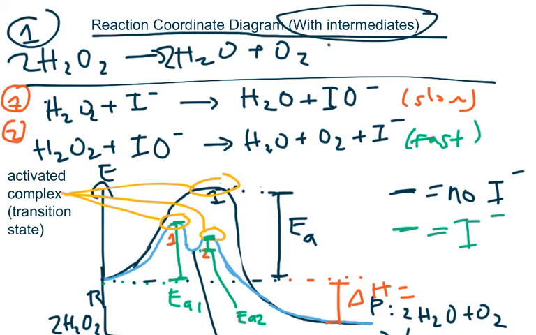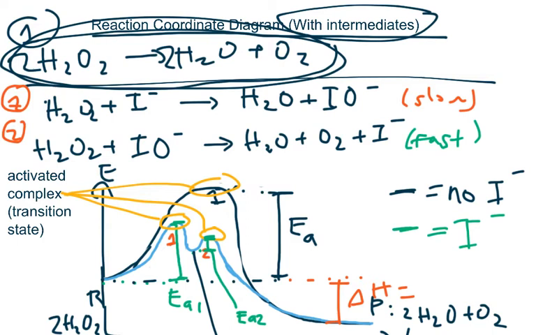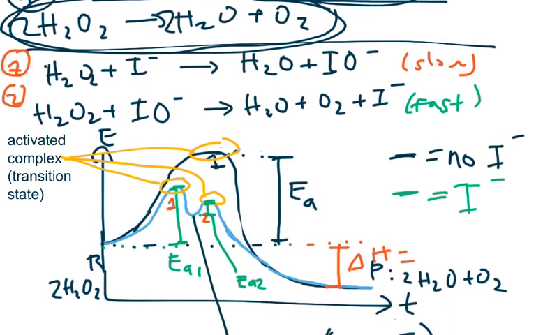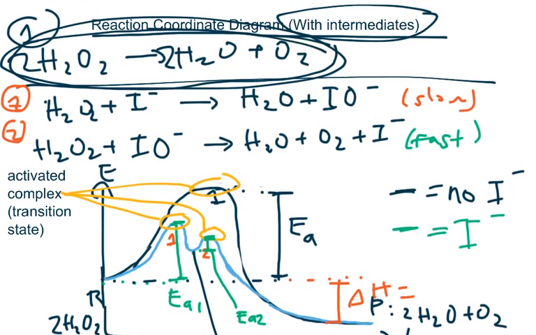So we have the decomposition of hydrogen peroxide once again, and I'm going to draw you the reaction coordinate if there was no catalyst. So assuming that the process is a one-step process from H2O2 to H2O2, and let's just assume that, then there will be only one reaction occurring, which is this reaction.